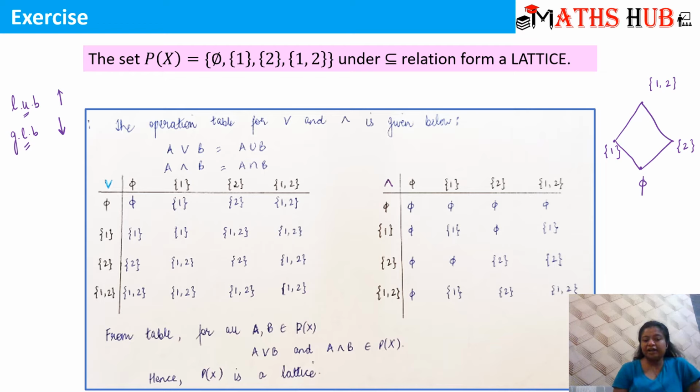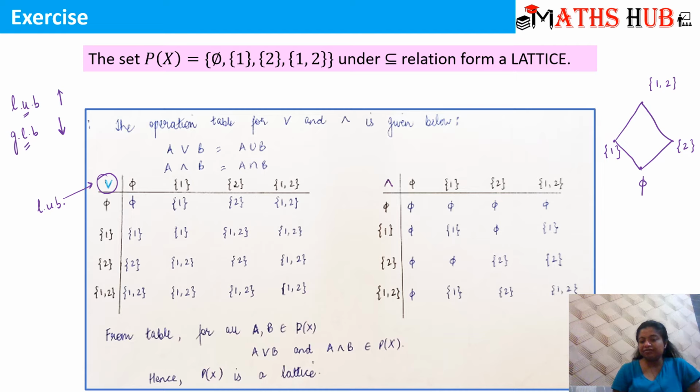Now, phi join phi. Phi join phi is always phi because it's the same element, right? And let's see what phi join 1 is. This is the phi element here and this is the 1 element here. Since we are talking about the join operator, and the join operator means the least upper bound, we have to go in the upward direction to the first point of contact.